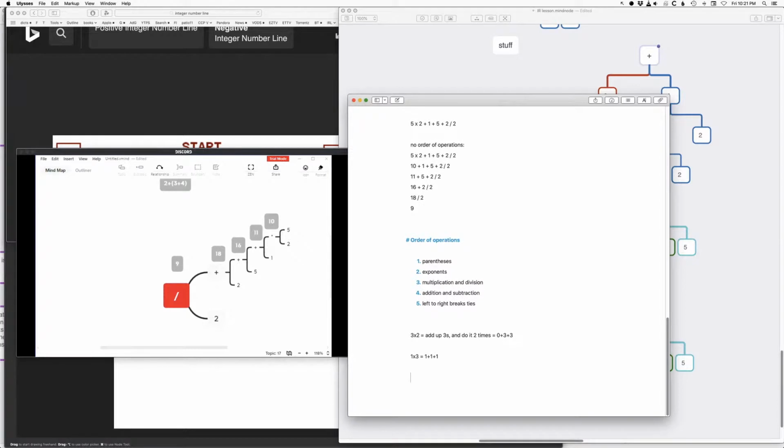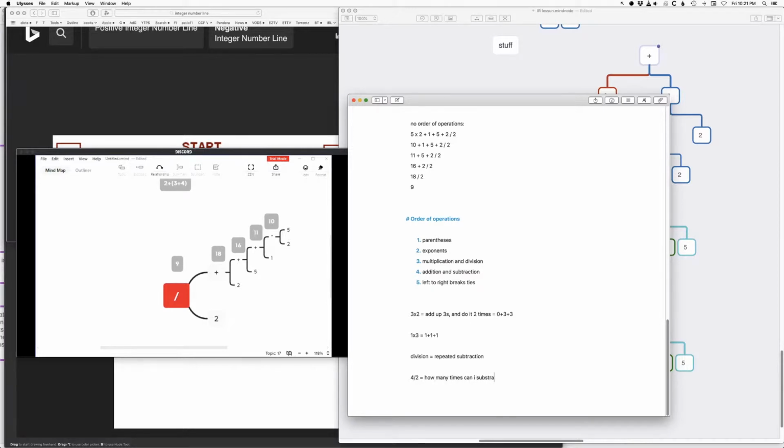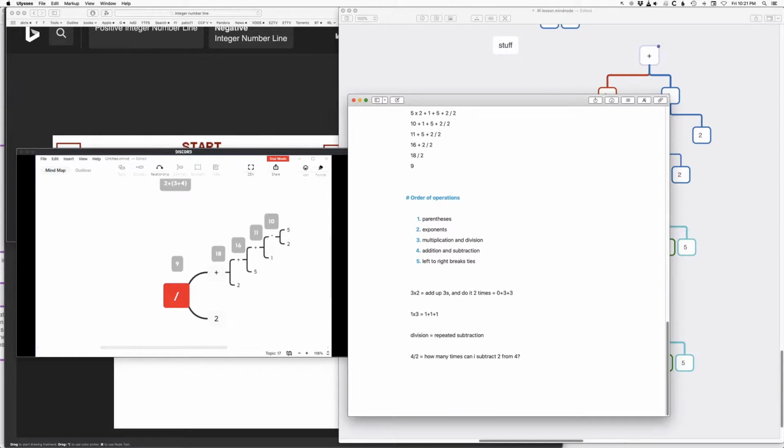Okay, so that's multiplication. Then what is division? Division is repeated subtraction. So 4 divided by 2 equals, how many times can I subtract 2 from 4? Oh. For this one, the order matters. You can't just swap the 2 and the 4.